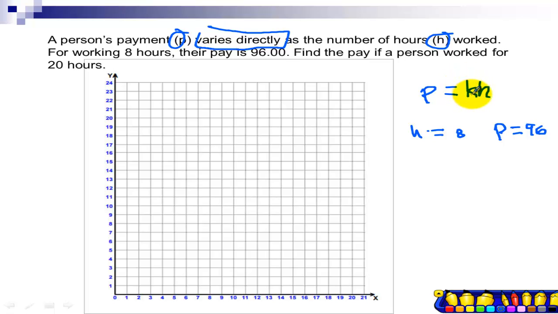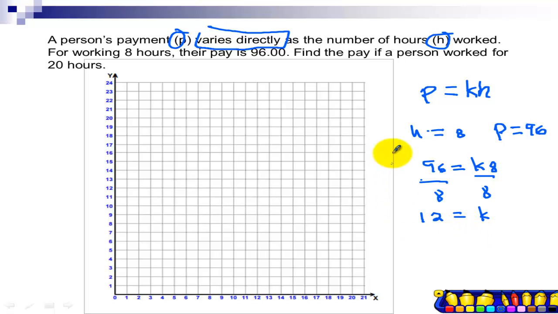How do we find the constant of variation? We just need to divide P by H. So our P here is 96, equal to k times H, and H is equal to 8. If you divide both sides by 8, you're going to get k is equal to 12.